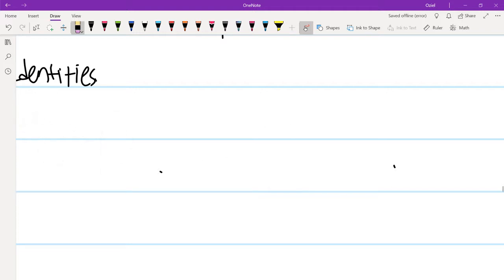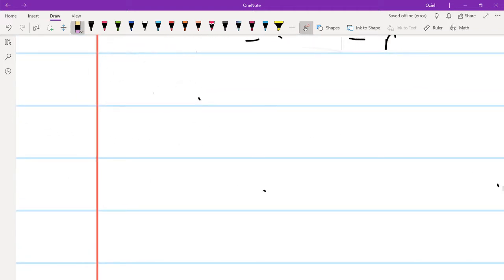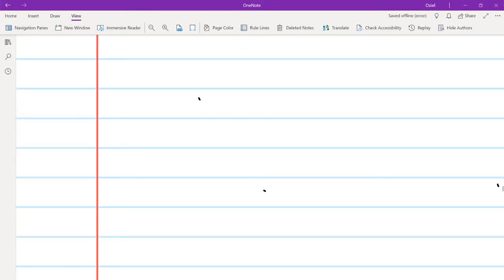Actually, I'll go with the smaller screen.